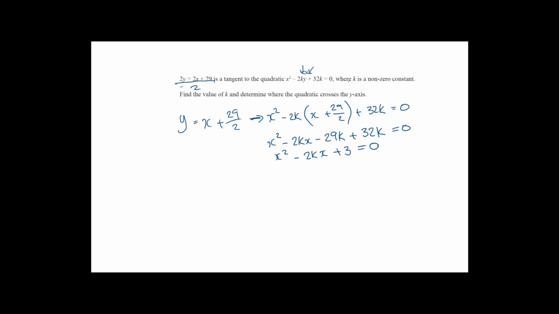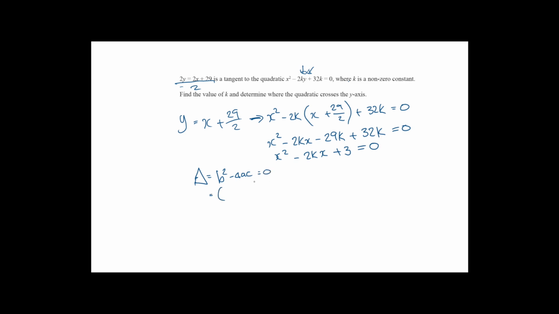Okay. Well, we know that it crosses the y-axis at positive 3, but is that going to really help us? So where it's a tangent, the discriminant is going to equal 0, isn't it? Because it's going to touch it once where it's a tangent. Okay, so that's going to equal 0. So b squared minus 4ac is going to equal 0.